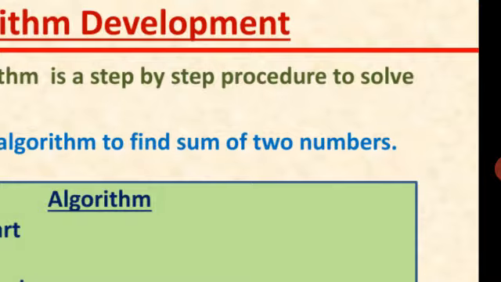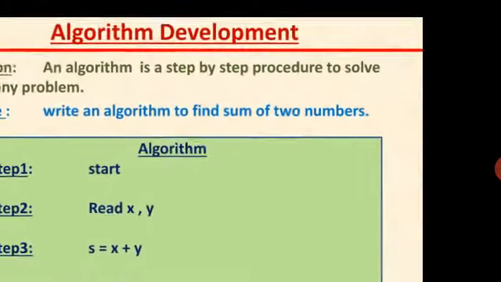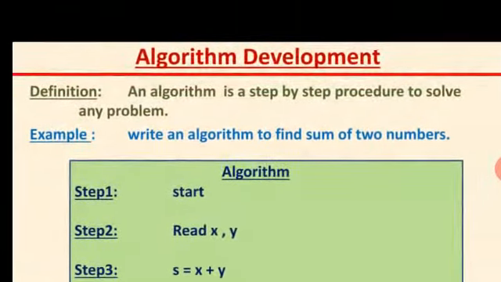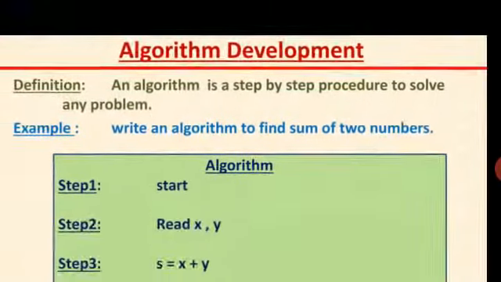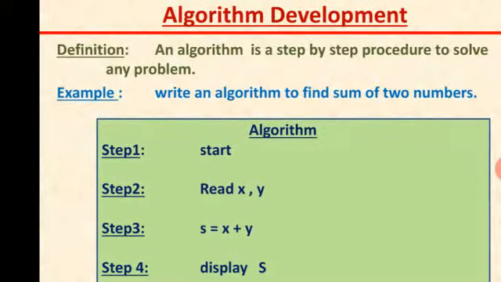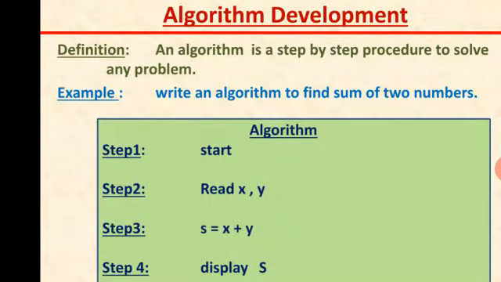So to show you all these things, let us consider one example, that is, write an algorithm to find the sum of two numbers. See, it is very simple to find the sum of two numbers, but we have to write the algorithm.